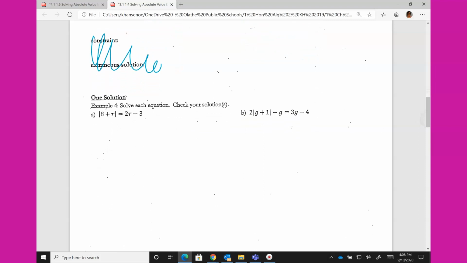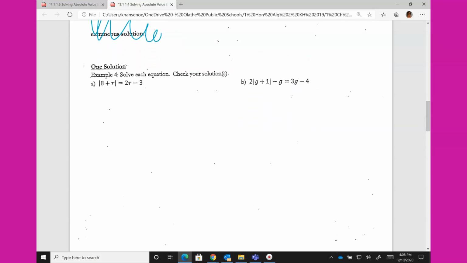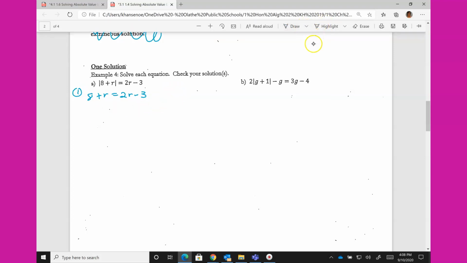All right, so next problem. These look a little trickier and they are a little more work. So the two equations. My first equation is going to be 8 plus r equals 2r minus 3.